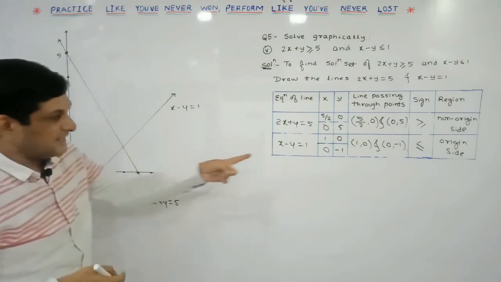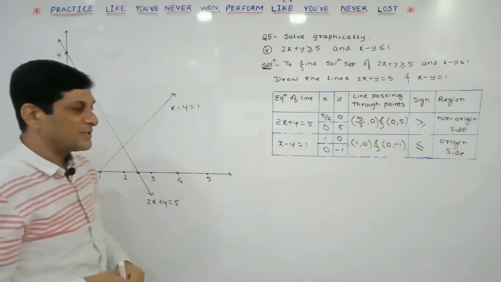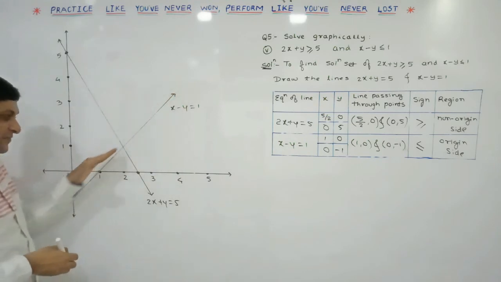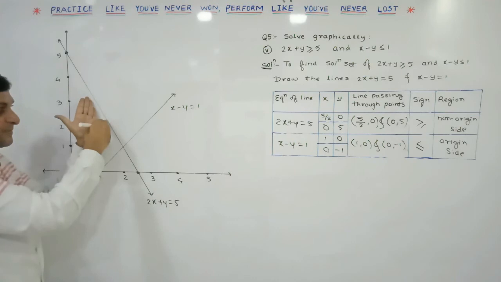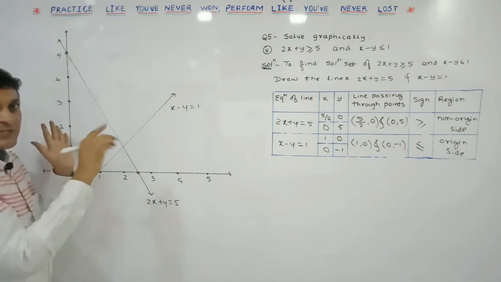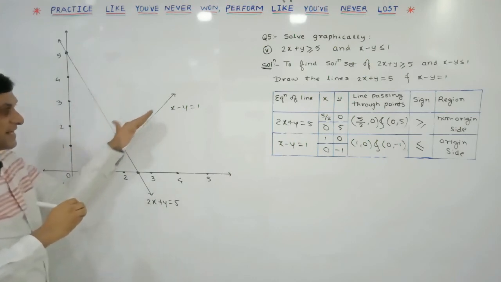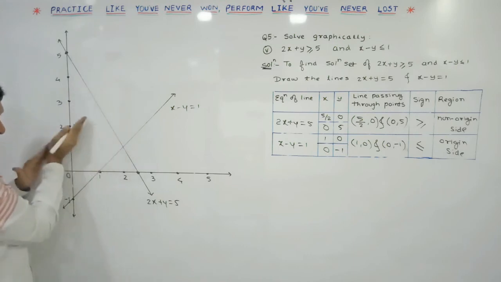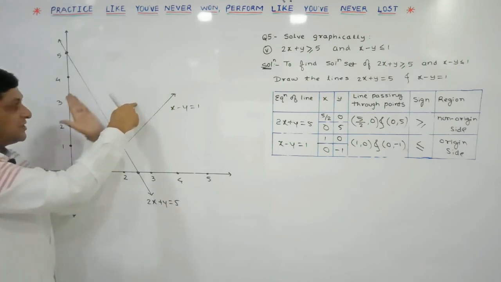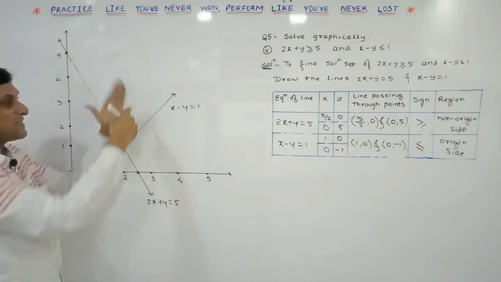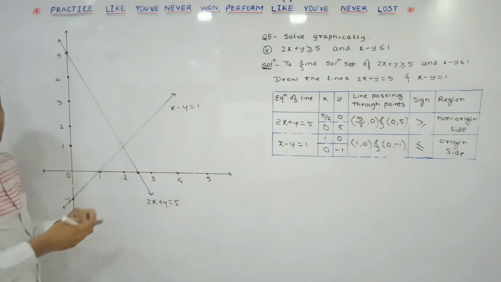Now for the second equation, less than or equal to means the origin side part appears, means for this line the origin side part will be the solution set. Already this part is deleted by what? The first equation. And for this line, this is the origin side. So this is the portion which is non-origin side for the first line, and for the second line it is origin side part.